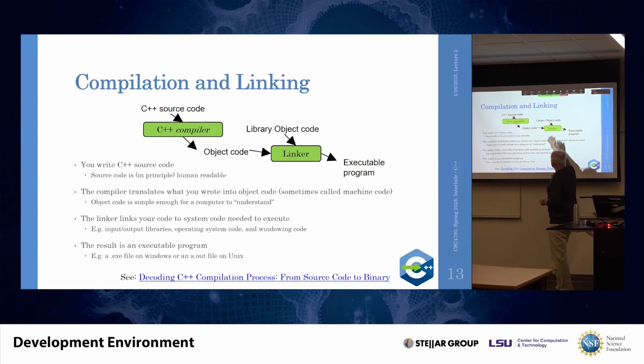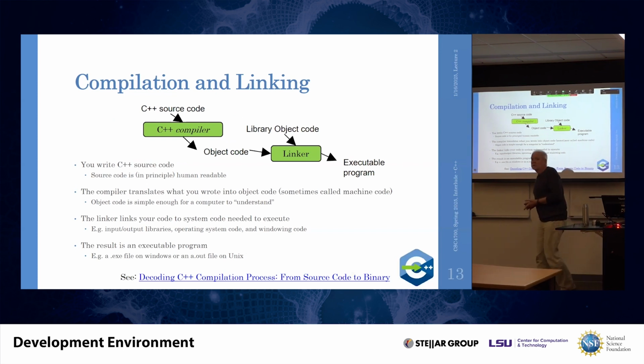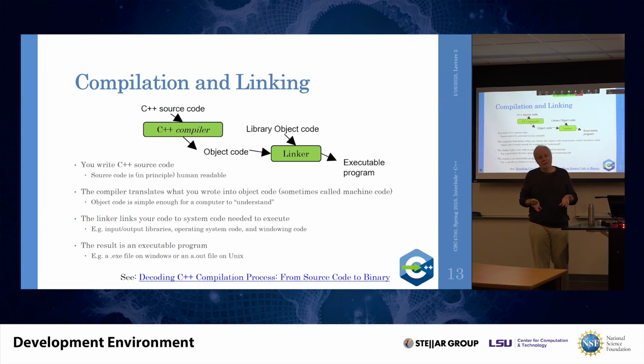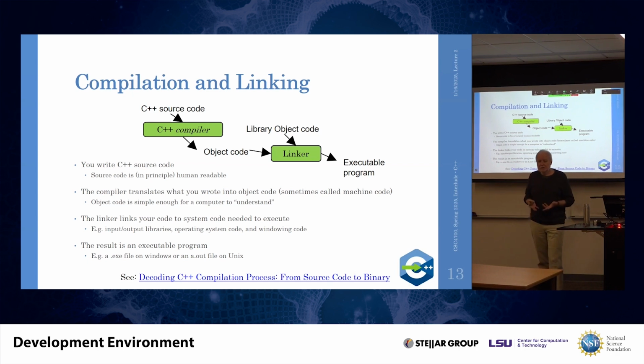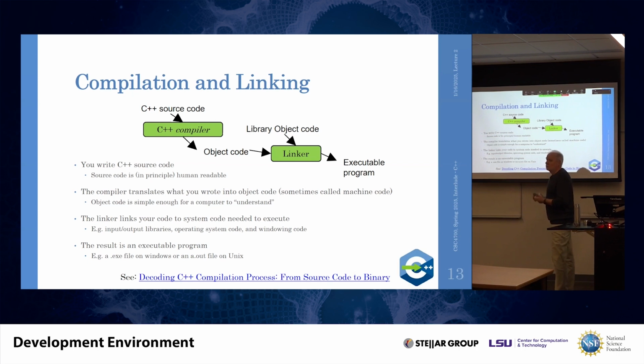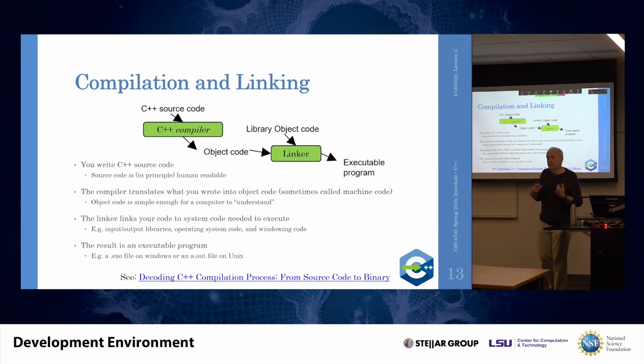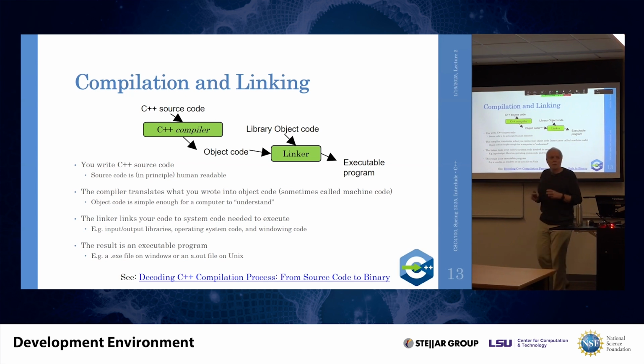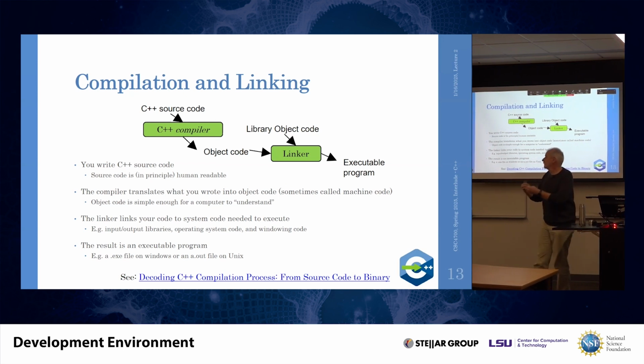Then we have to use a linker, and the linker takes other pre-compiled object code that is installed on your machine by the system or operating system related stuff, C++ standard library object code, and so on. That will be linked that way in the course. And that produces an executable program where all the pieces that are necessary are combined in the same executable, in the same binary.